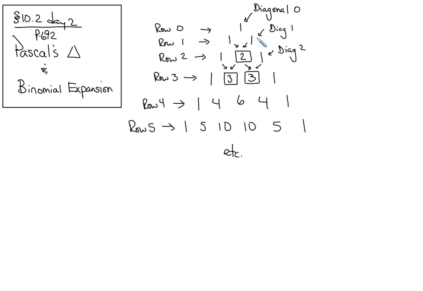All right. What's really interesting is, let's go to another screen. If we look at the rows, and this is not something we're going to use today, but I just want to show you that there are a number of different applications in mathematics for Pascal's triangle.